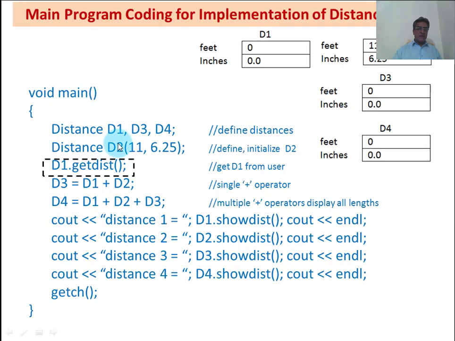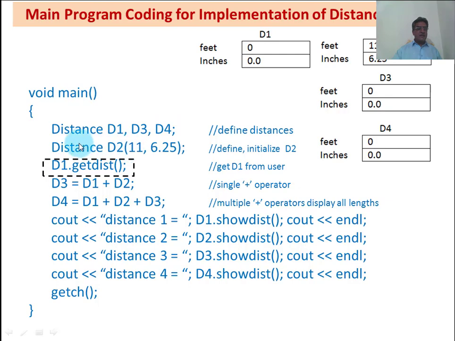So the feet of d1 is 0, inches 0.0; the feet of d3 are 0 and the inches of d3 are 0.0; d4 has feet 0 and inches 0.0, because at this place the no argument constructor was activated and stored the 0 values in the memory of the d1, d3 and d4 objects.